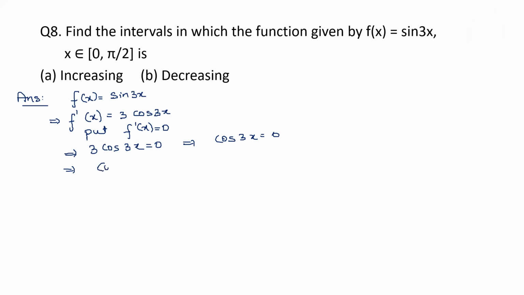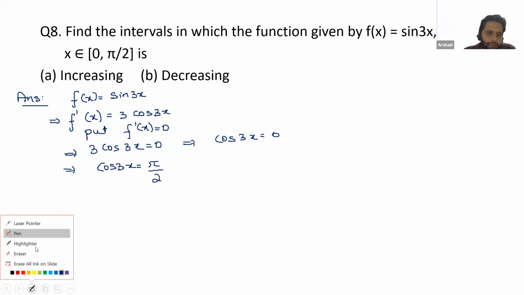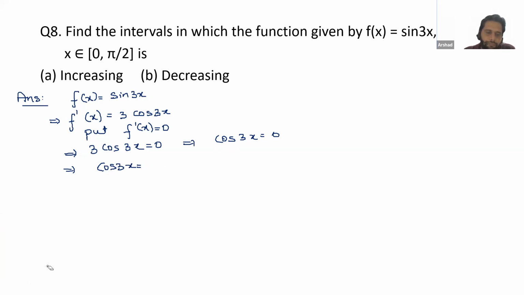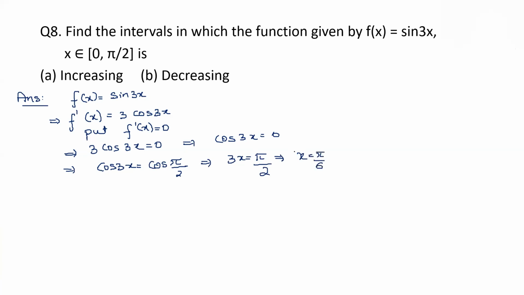Good. So cos 3x equals cos 90, which means pi by 2. So that means 3x = pi by 2, and that means x = pi by 6. Okay. We get this value.